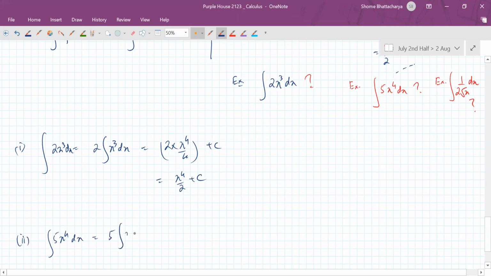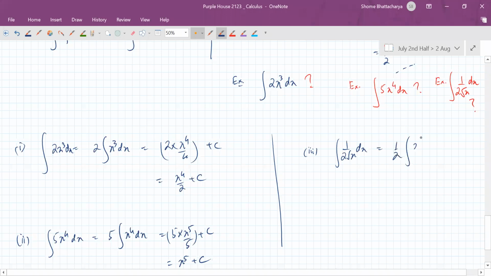Take the constant outside, then apply the formula. So take the constant outside and again express it as x to the power minus half.